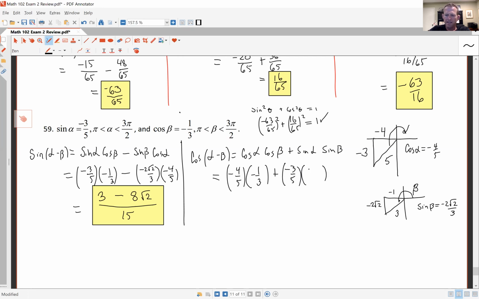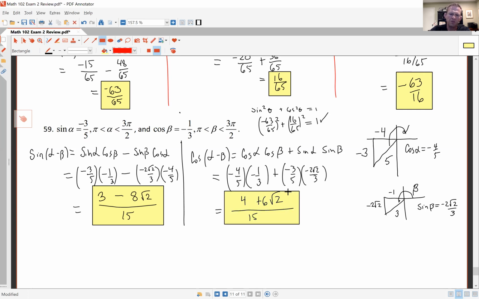And sine of beta is negative 2 rad 2 over 3. All right, so this is going to be all over 15. Negative 4 times negative 1 is going to be 4. Negative 3 times negative 2 is going to be positive 6 root 2. There's cosine alpha minus beta.